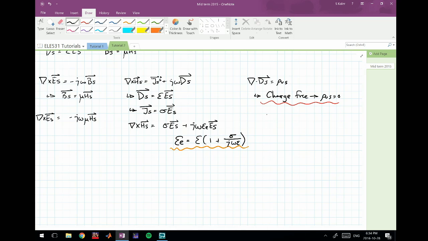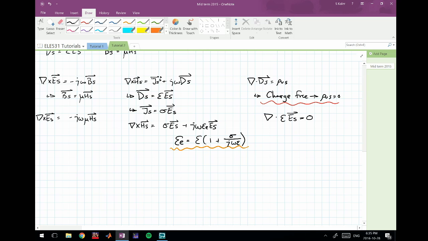So then we know that D is epsilon E. So then I can call this epsilon Es. But now because the right side equals 0, we can divide out epsilon, because epsilon doesn't depend on space, we assume, because it's linear.